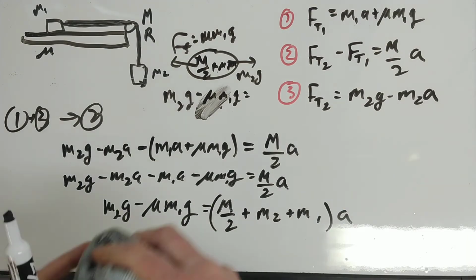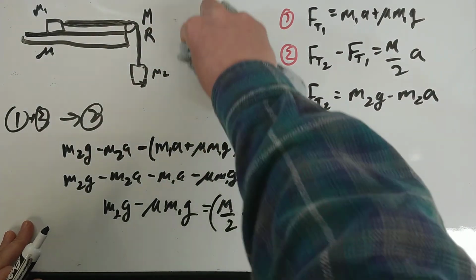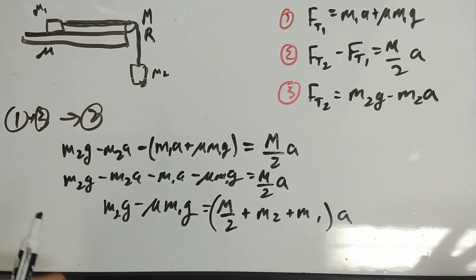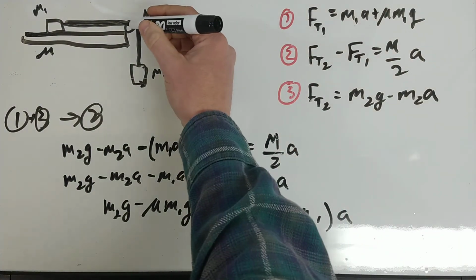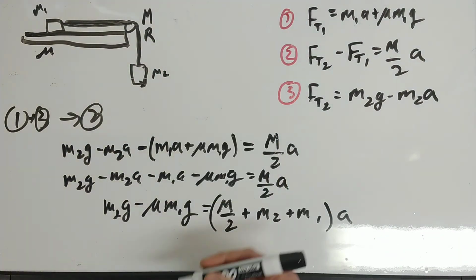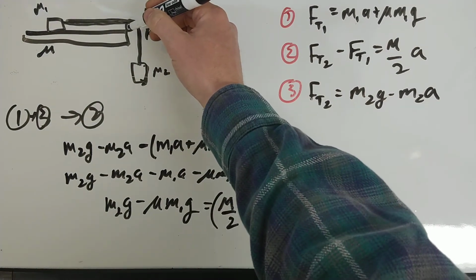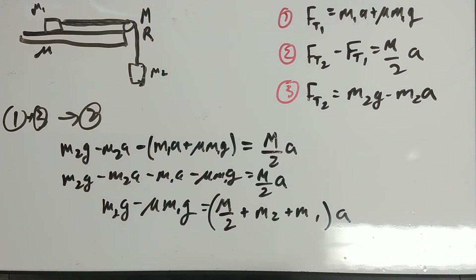So the blob method does work for this one as well, using that approximation I showed you, where you treat the mass of the pulley as the coefficient from the moment of inertia times the mass. So anyhow, here we are.